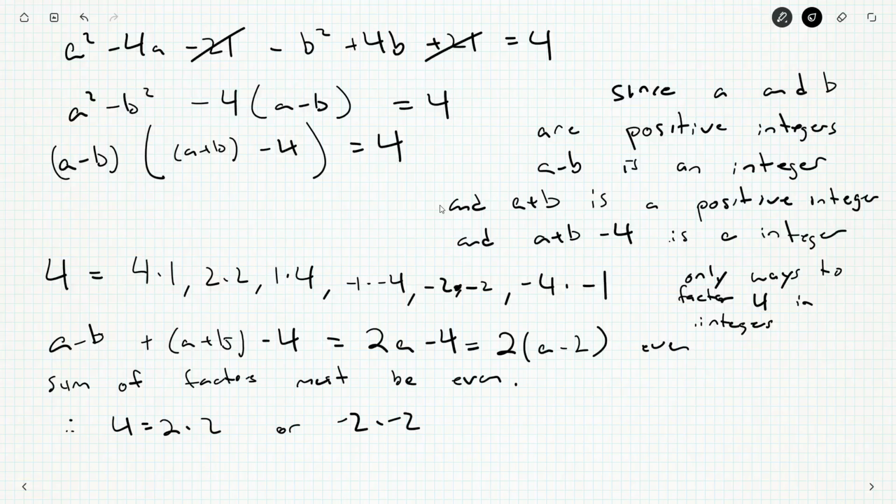Because if I use the 4 and the 1, they'd add up to be 5, which is not an even number. Okay. So this is nice, and it reduces things down, because a plus b minus 4 and a minus b have to be the same amount. So rather than even assigning them equal to 2 or negative 2, maybe I can get away with this.